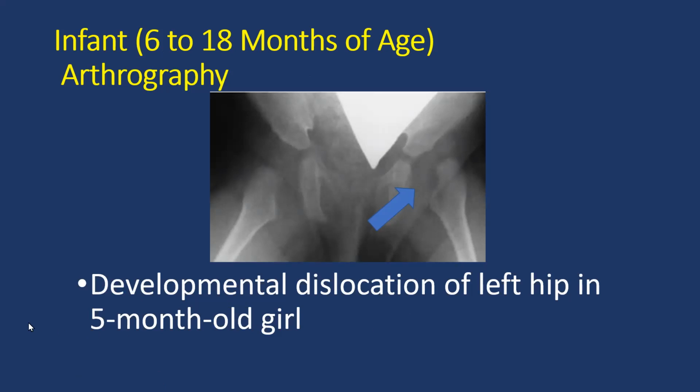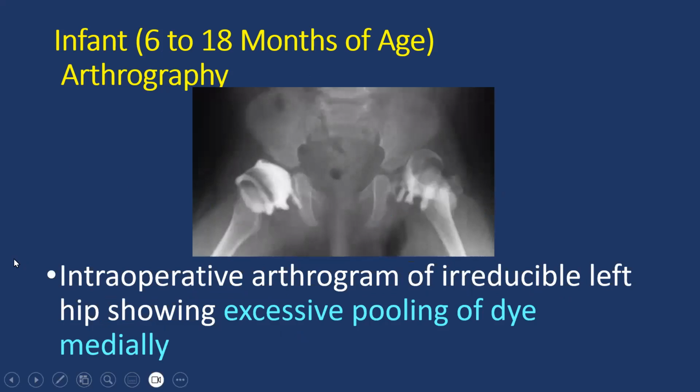We want to see what structures could interfere with the reduction of the hip. So we request an arthrogram. So we can see, we have an idea that there are many structures. So this would give us an idea of the structures that can obstruct: the pulvinar fat pad, the inverted labrum, the transverse ligament, and the ligamentum teres.